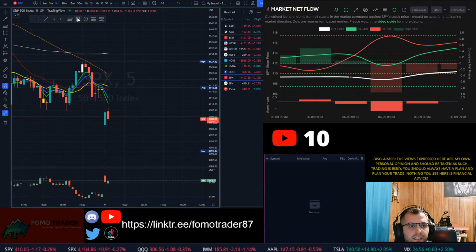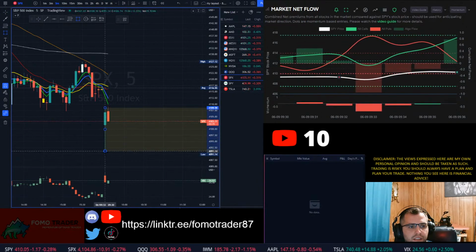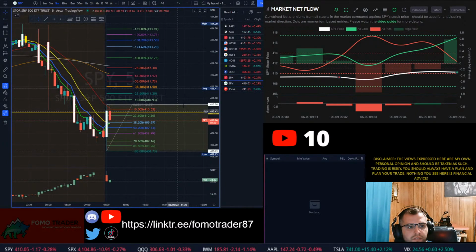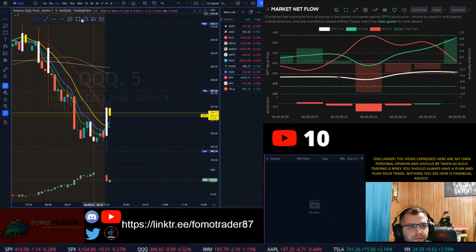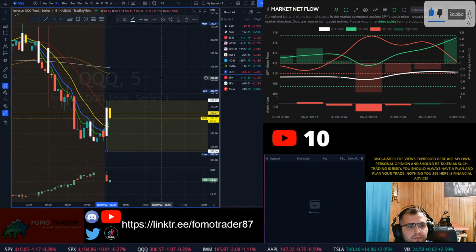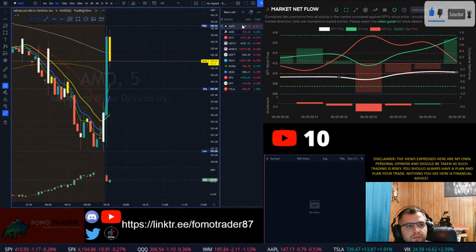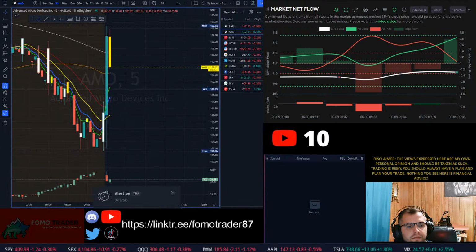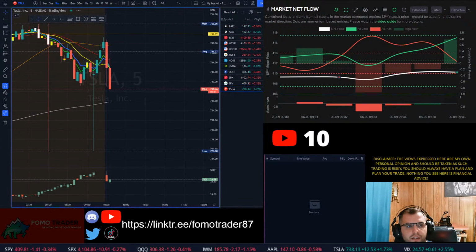So SPX has given us its 5-minute range. Tesla breaking below.